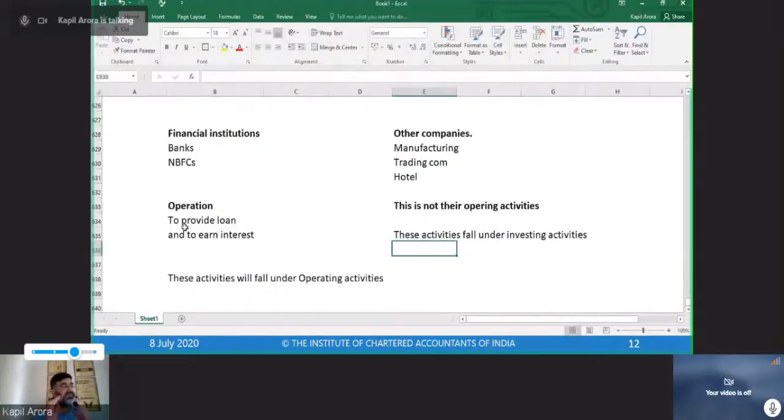So it should be very clear why banks have a different role. Why a bank is working differently, that is the reason. The treatment is different, because for them it is part of their operation.